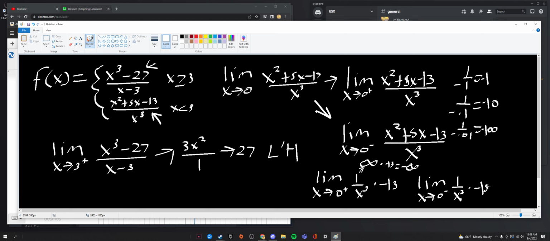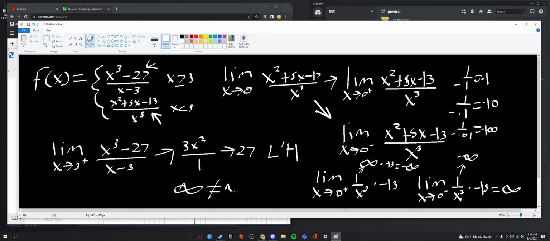They're quite literally infinitely apart. So this goes to negative infinity, and negative infinity times negative 13 gets us positive infinity if you want to do the operation. And obviously infinity does not equal negative infinity.